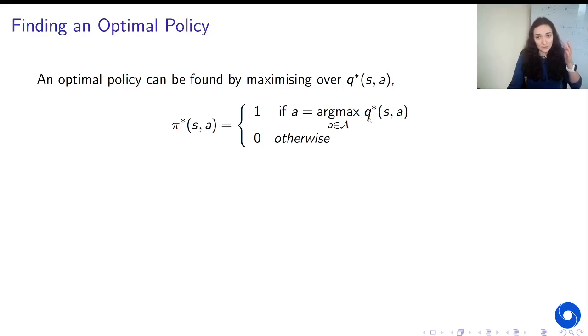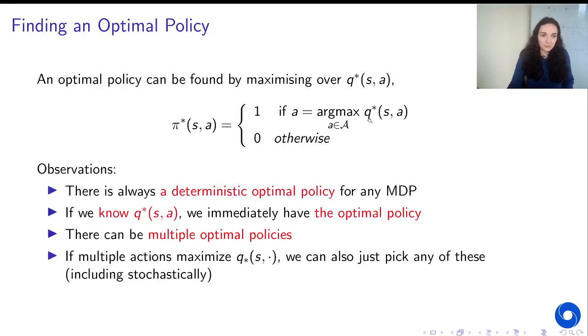So it's going to look at the values of Q star and act greedily with respect to that. And this will give us an optimal policy. I'm not going to show this here, but we will see a proof of that moving forward.